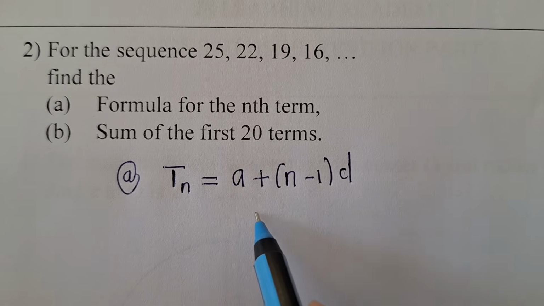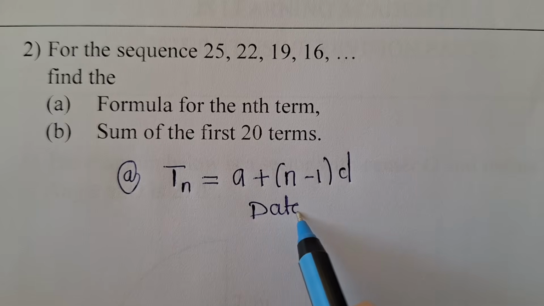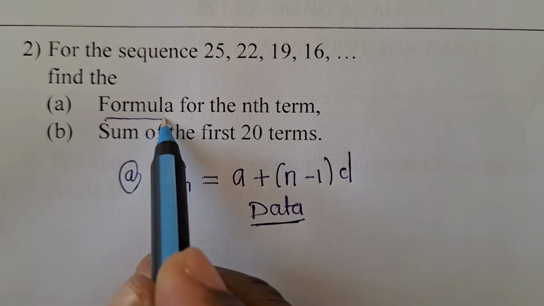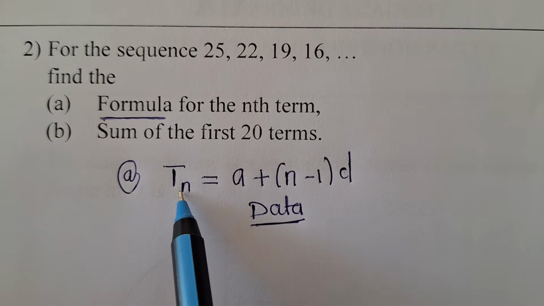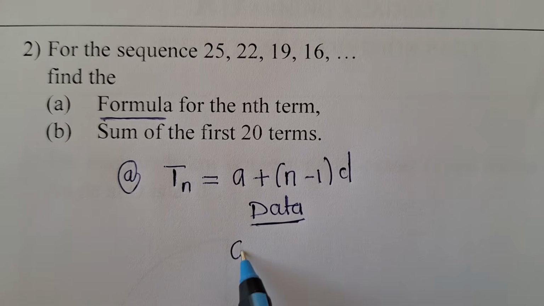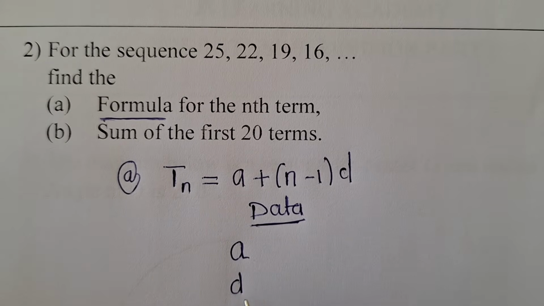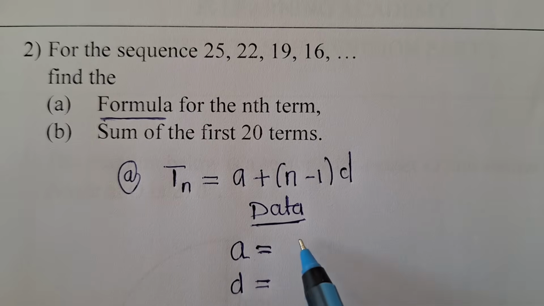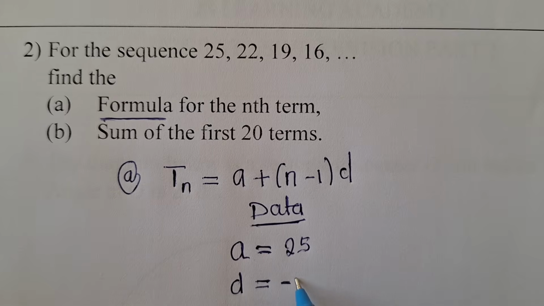So we can say data, very important to gather the data. So for the formula here, there is no need of finding n. Just find a and d. So you're only finding two things, a and d. So a is 25, d is -3.